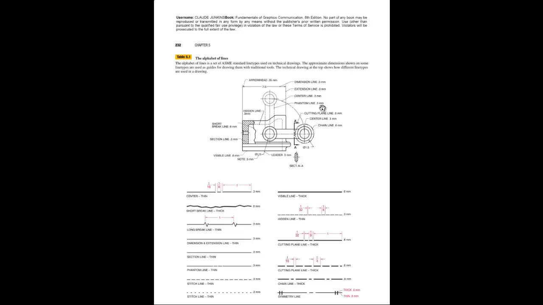The phantom line, 0.3. When we get to our solid lines, they're 0.5 millimeter. If we get to our visible lines, this is a note, 5 millimeter. The visible lines or solid lines are 6 millimeters. Our short break lines are 6 millimeters. They're nice and dark, so you can see the contrast.